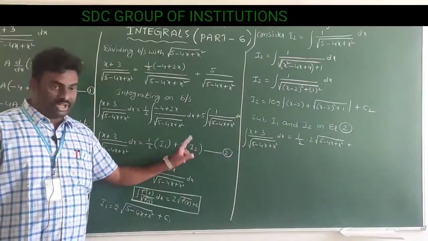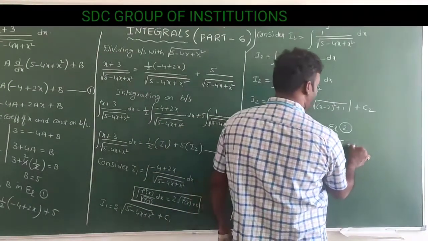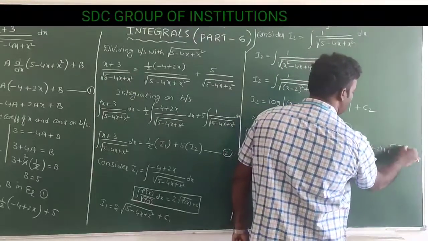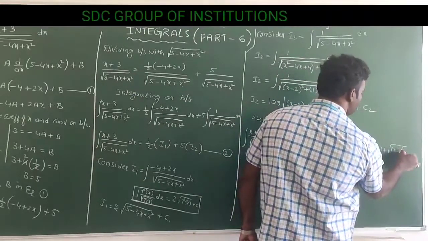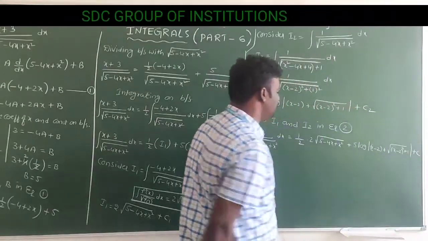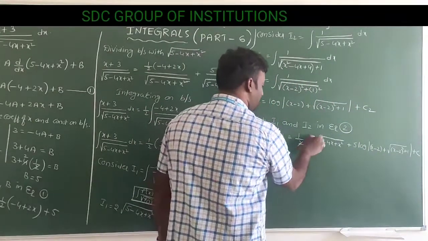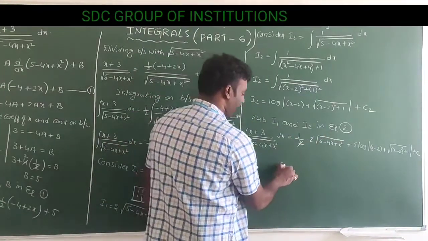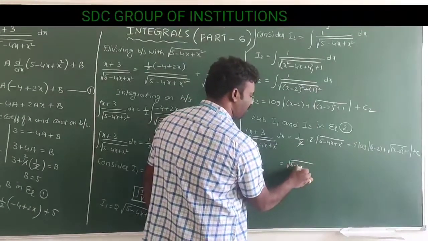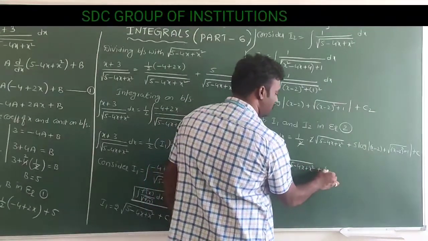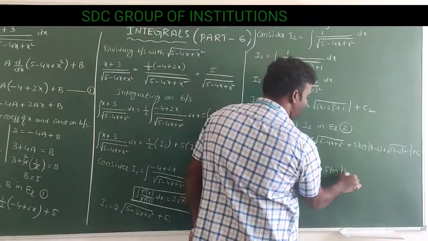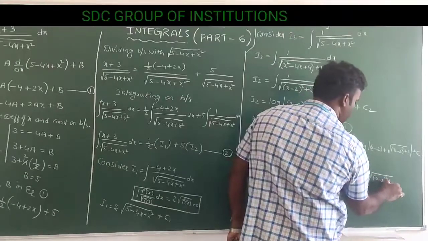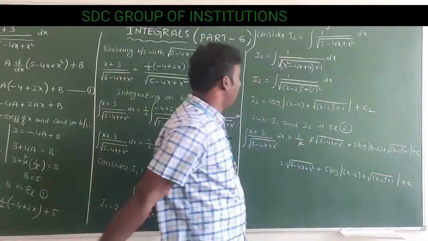Next 5 into I2. 5 into I2 is log of x minus 2 plus under root of x minus 2 whole square plus 1. Instead of the two constants c1, c2, you can take c. Now 2 gets cancelled. So this is the final answer: under root of 5 minus 4x plus x square plus 5 into log mod x minus 2 plus under root of x minus 2 whole square plus 1, plus c. This is the answer.